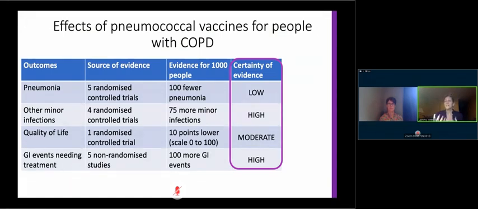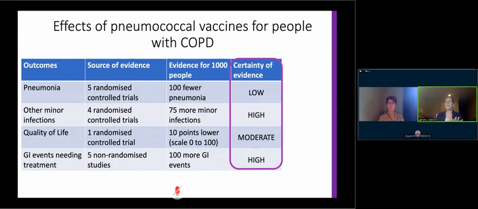If I told you that after I did my systematic review, I assessed the evidence and came up with 100 fewer pneumonia, but I'm not really certain about it, that I have low certainty in those numbers. But I have high and moderate certainty in the harms that potentially are happening when people take those vaccines.